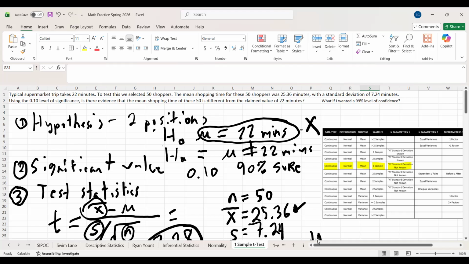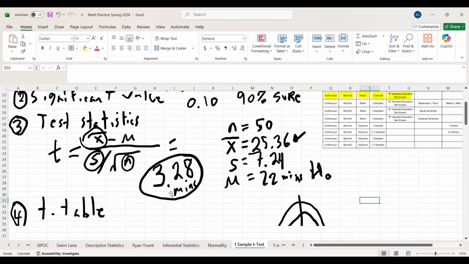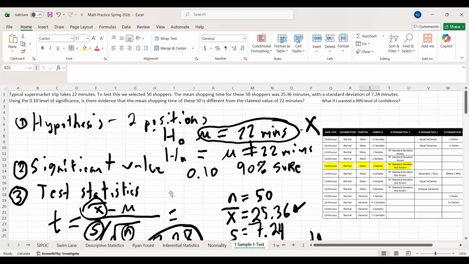Then we have to figure out, ahead of time, at what confidence level we want to look at it. 0.1 is the same thing as 90%, so we're going to be 90% sure with our answer. And then, of course, for every single one of these tests, there's a test statistic that we have to generate. In this case, here's the formula for this one sample t-test.